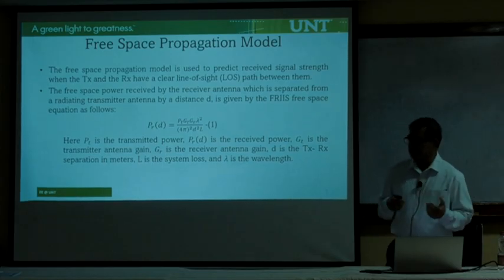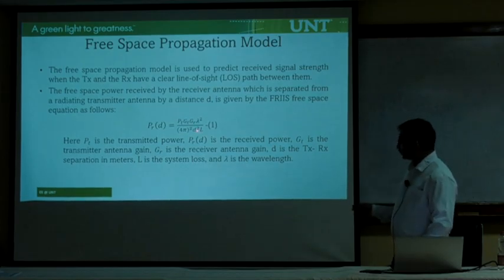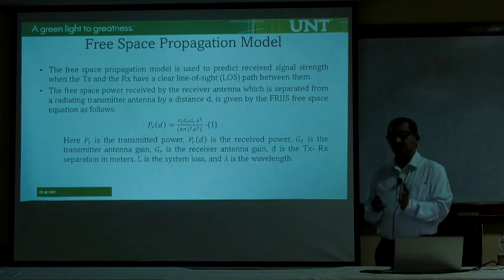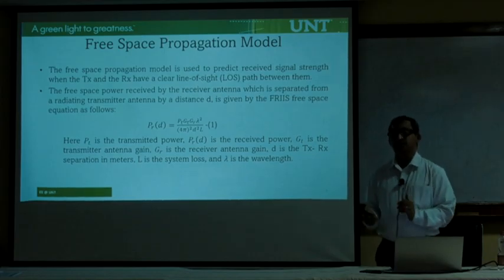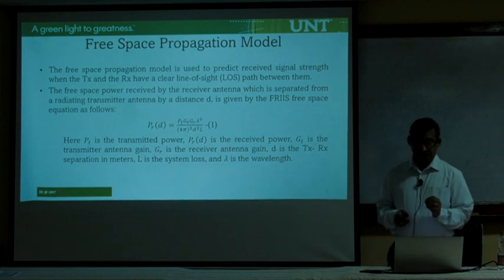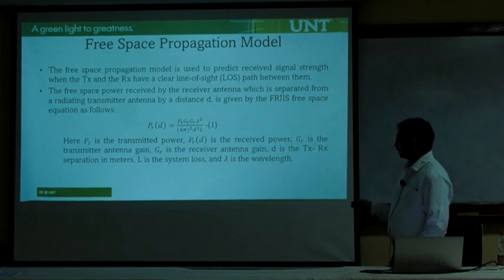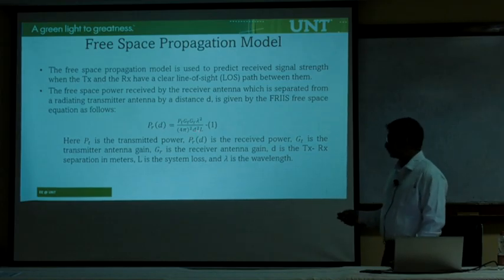In such scenarios, it is also possible that the path loss exponent may be anywhere between 2 to 4, or sometimes the worst case could reach 5 also. So that means the RF signal will go through significant losses if the environment is very complex.